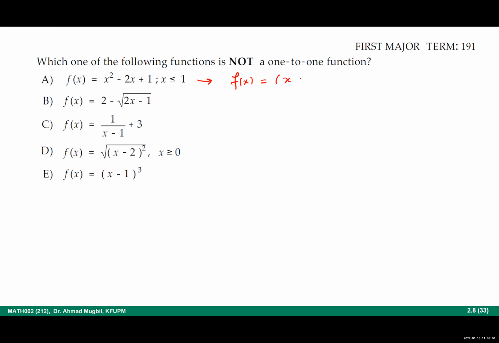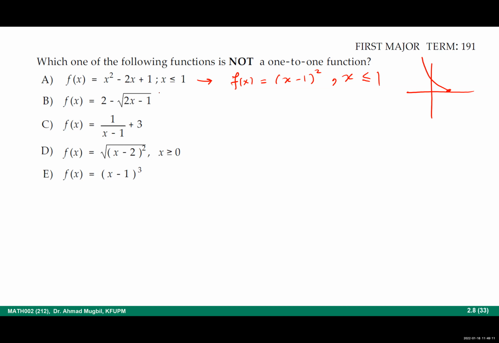It is x minus 1 all squared, and x is less than or equal to 1. This is a parabola, just x squared shifted 1 unit to the right. So it is at 1 here, and x is less than 1. It is just the parabola, but we didn't take the increasing part. So it is one-to-one.